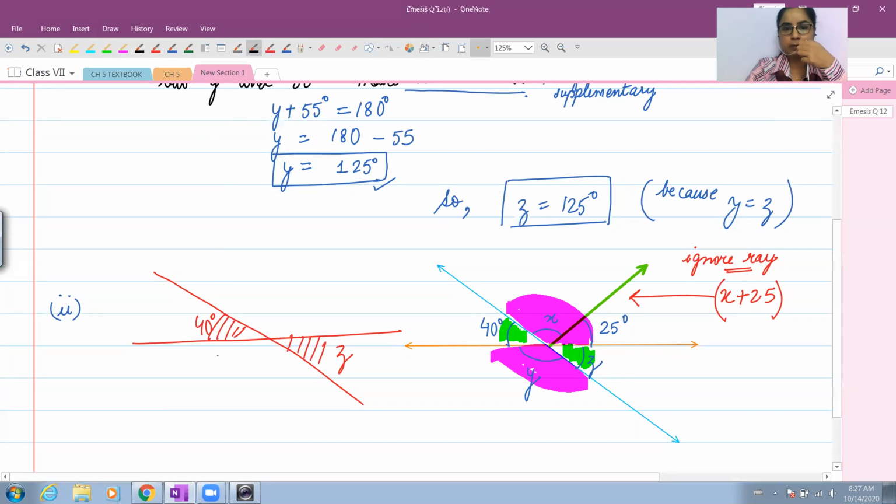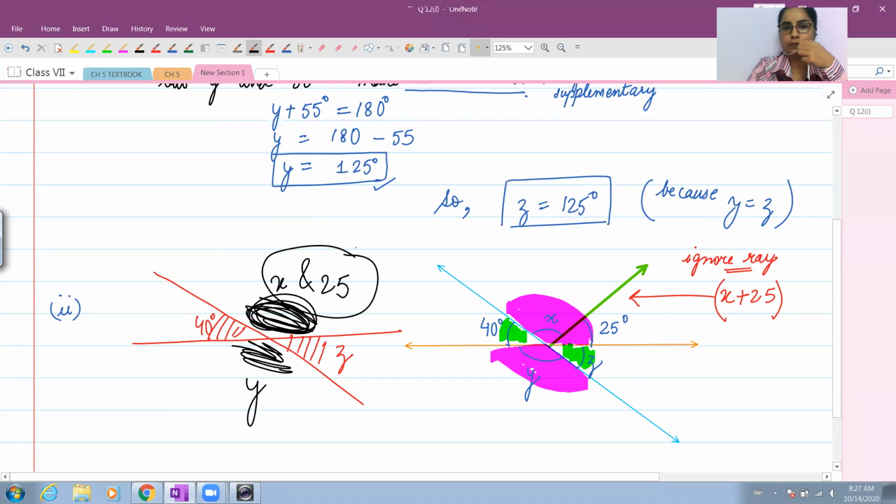The other pair will be of the angle which is formed here. It is Y, and on this side there were two angles, X and 25. So Y will be equal to X and 25 together. This is only for understanding, like I'm just showing you in rough how you can identify. If you ignore the ray, this is how your figure will be, and this is how you'll be able to identify the vertically opposite angles.